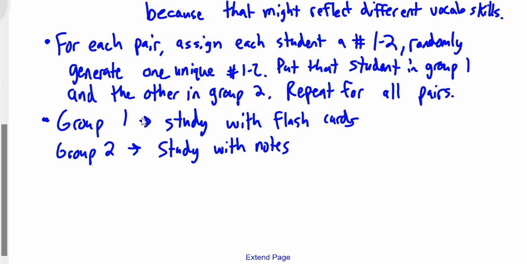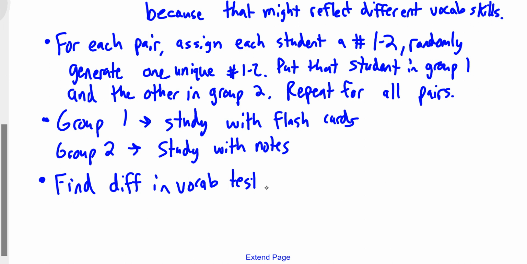So you can explain how you want, but we want to finish it off by doing some comparing. We're going to find the difference in vocab scores between each pair, because those pairs are similar in some way.